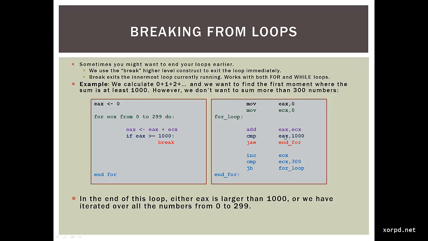So we compare EAX with 1000 and check if EAX is greater or equal than 1000 using this instruction, the jump above equal instruction. And now something special happens. If the condition is fulfilled, if EAX is actually greater or equal than 1000, we exit the loop. We exit it by jumping to this special label, end4, which is going to end the loop.